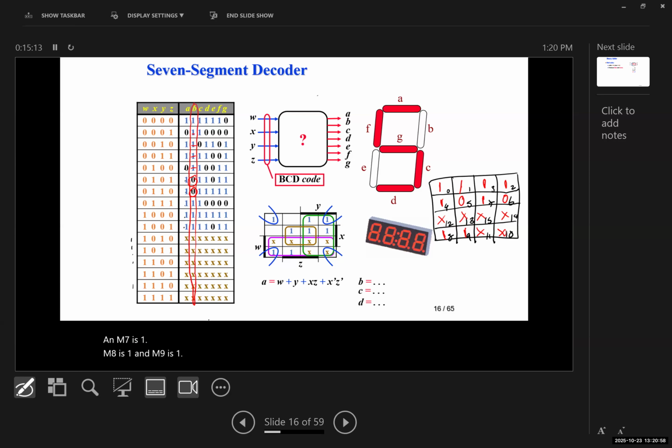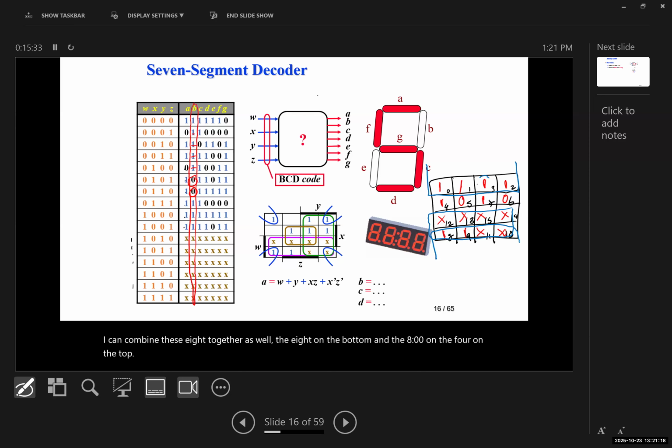Now, if I want to combine them, I can combine these 8 together. I can combine these 8 together as well, the 8 on the bottom and the 8 on the 4 on the top.